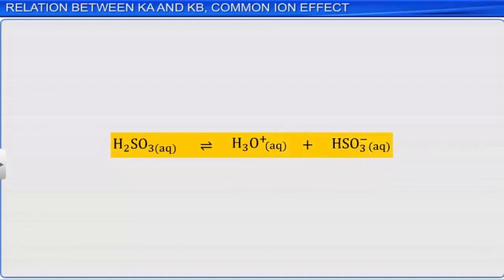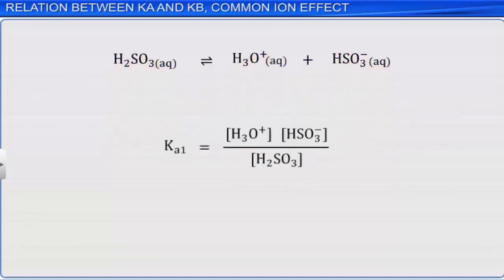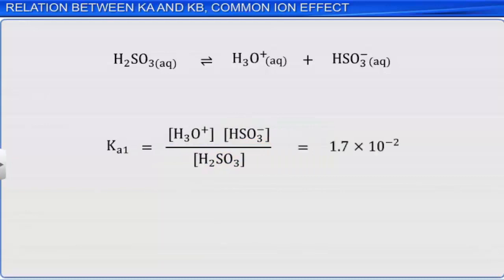The first acid dissociation constant, represented by Ka1, is equal to the product of the concentrations of H3O+ and HSO3- divided by the concentration of H2SO3. Experimentally, its value is found to be 1.7 × 10^-2.